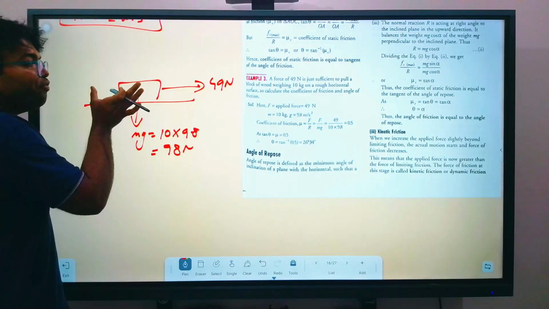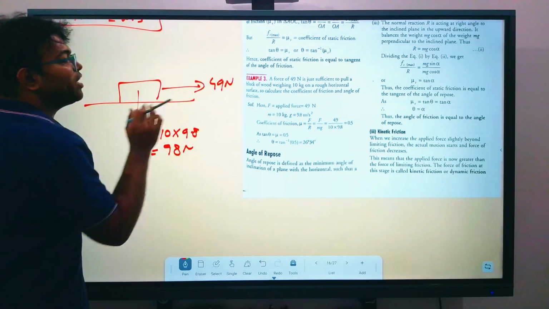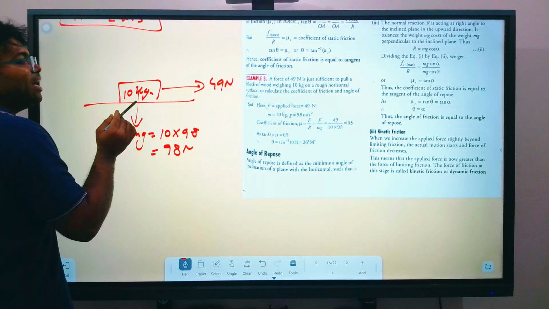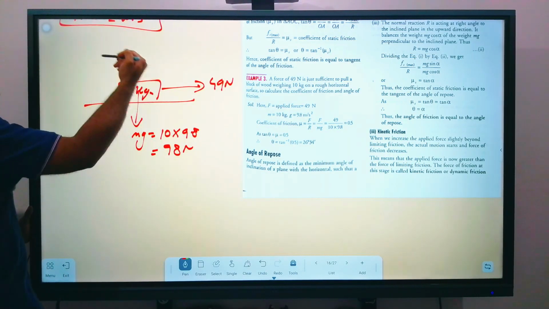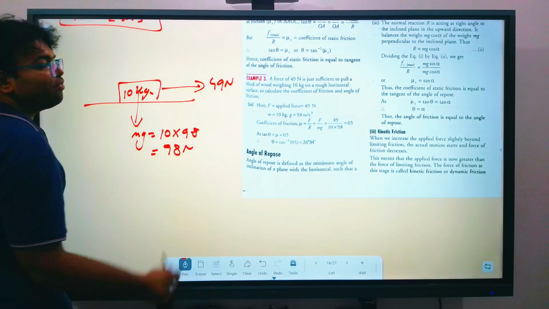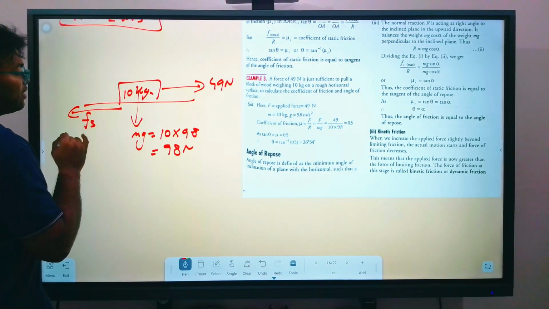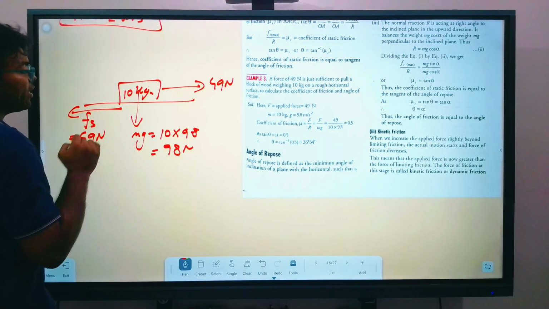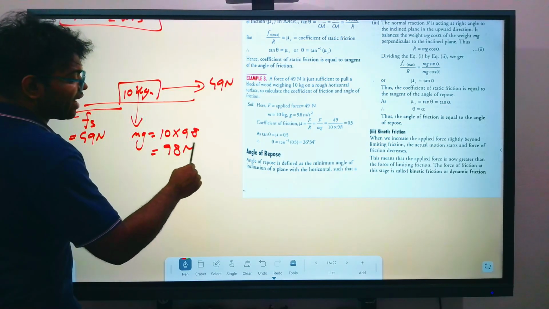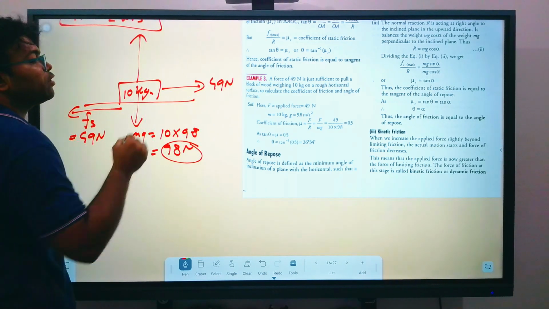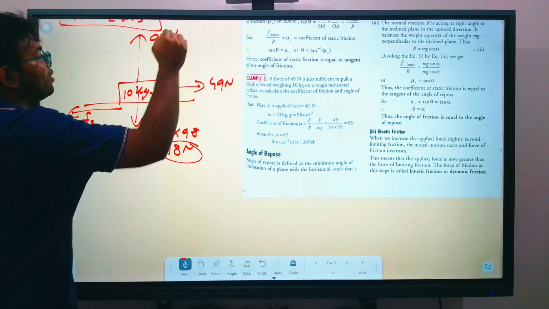So, Drupad, if the object is just starting to move, then the frictional force, that is the static friction, becomes equal to the applied force, right? So the static friction Fs is also equal to 49 newtons. If 98 newtons is acting downwards, then the reaction force becomes equal to 98 newtons.